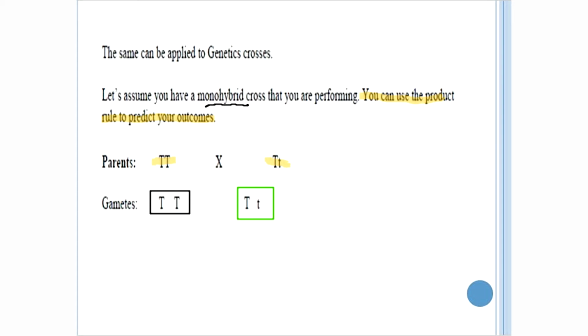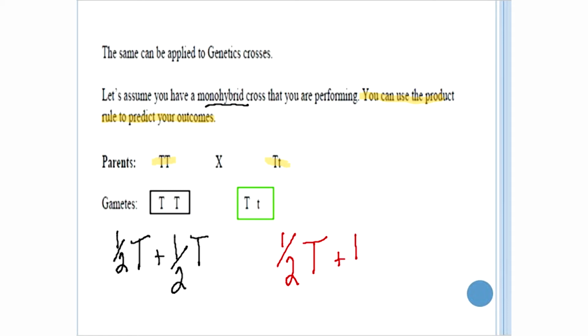We know that the gametes being produced are from parent 1, 1/2 big T plus 1/2 big T. For parent 2, 1/2 big T plus 1/2 little t.